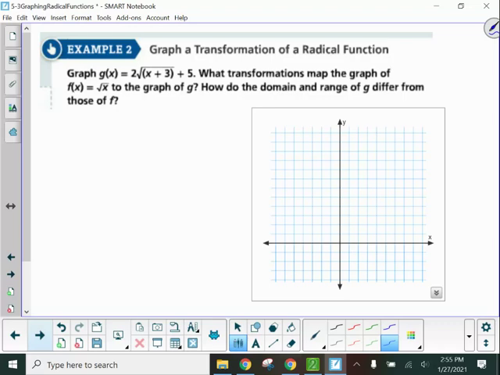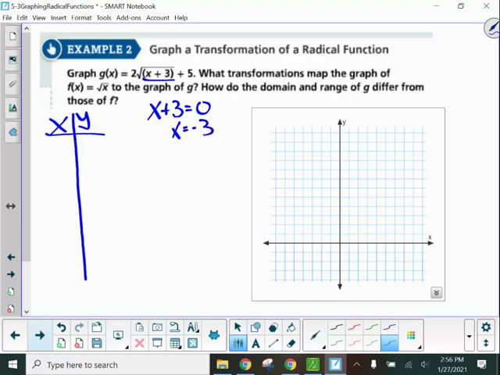So this question is asking you to use that information to tell what's going on here. I am still going to make a table of values, and I'm not as worried about the transformations. I really want to look at the domain and range and figure out how to set up our table. You can still take what's in the radical and set that equal to 0 to figure out what number you're going to start with for your x column.